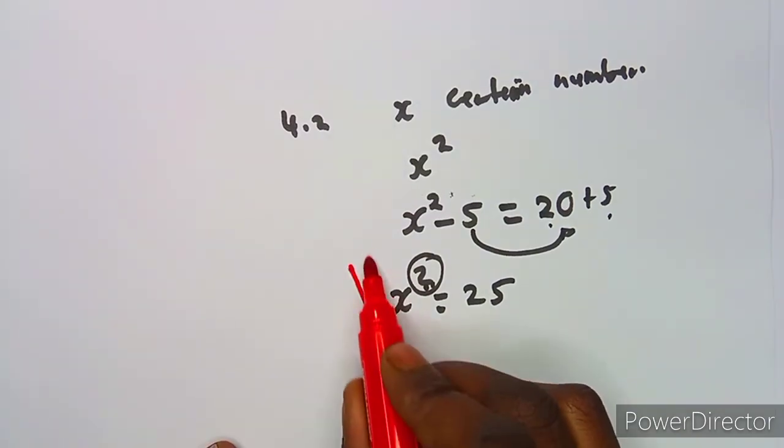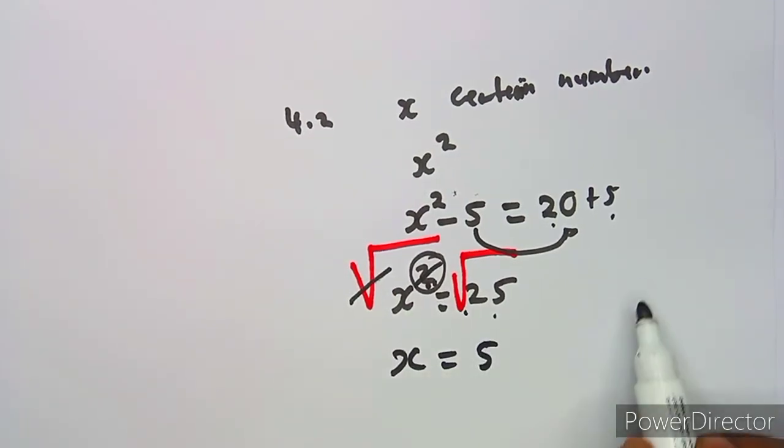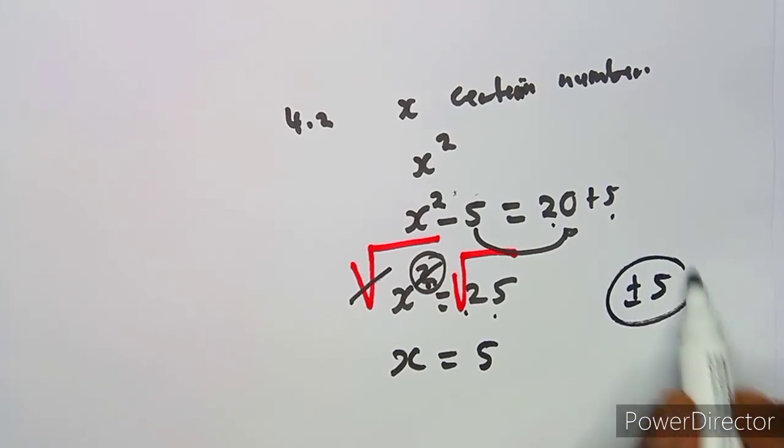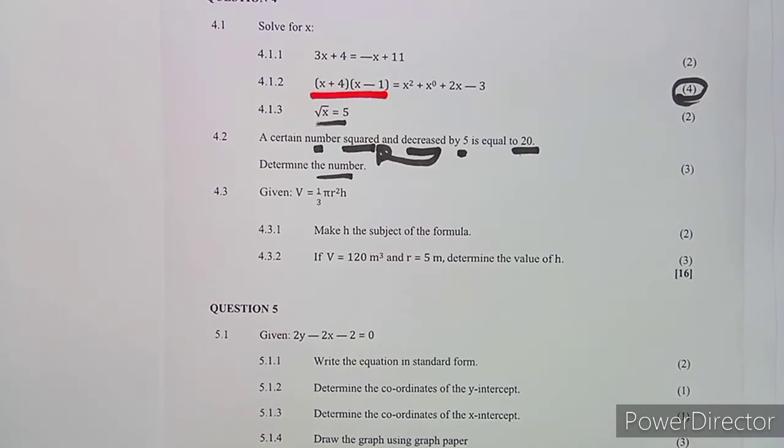Just like what we did with the square root, where we introduced the square, this time you introduce the square root. The moment you introduce the square root, it neutralizes this. So x is going to be the square root of 25, which is 5. But actually the answer is supposed to be plus or minus. The square root of any number is plus or minus. So that is what we have for the number that we are given to calculate, which is plus 5 or minus 5.